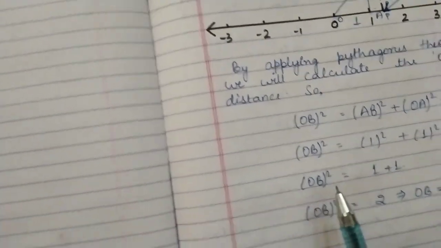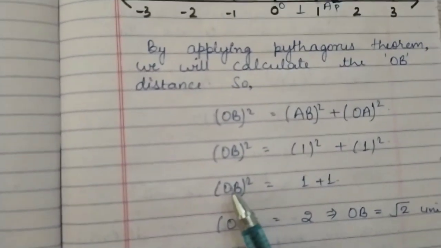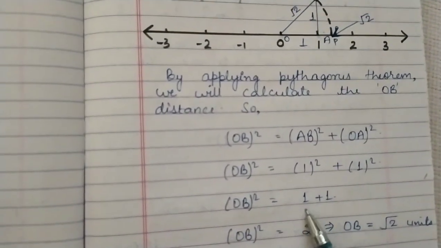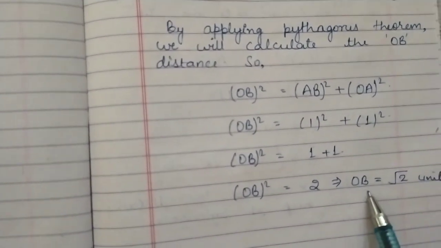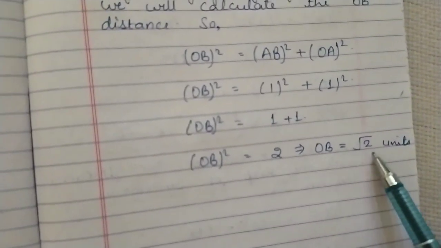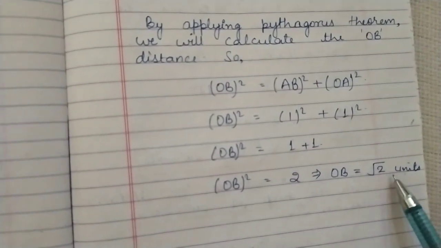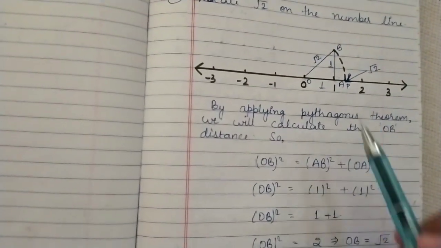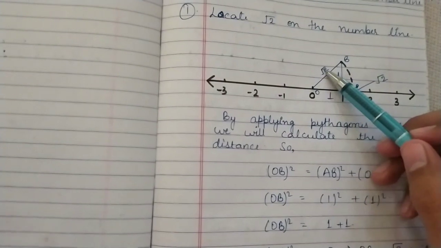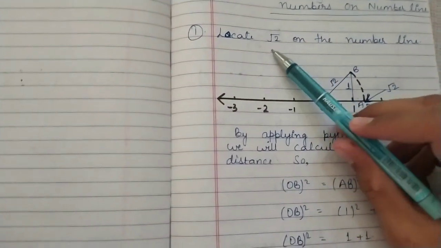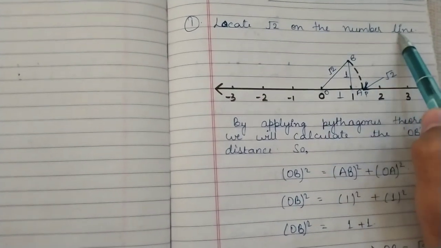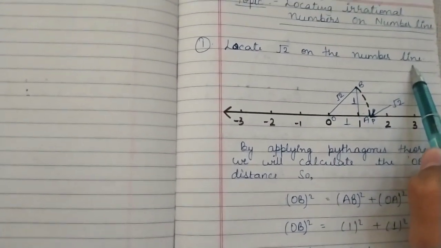So now OB square becomes 1 plus 1, then OB square becomes 2, then this OB distance will come out to be root 2 units. This OB distance is root 2 units, and this will become our root 2, and we have to locate root 2 on our number line.